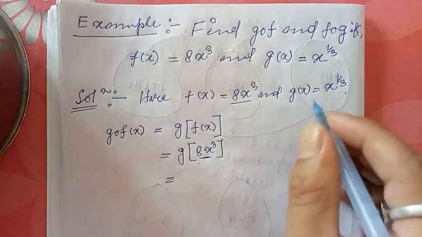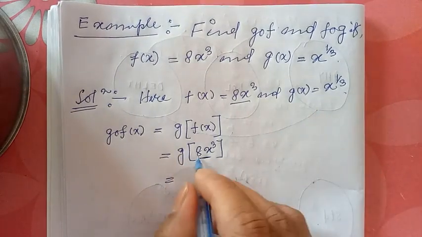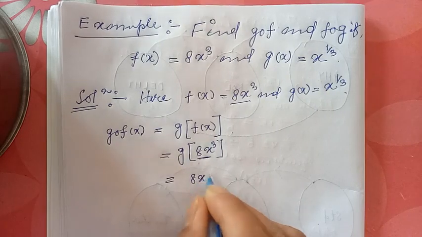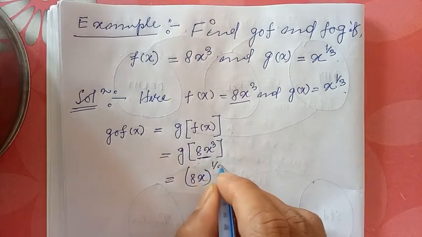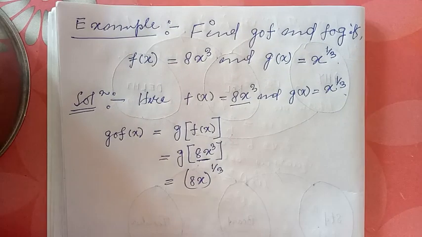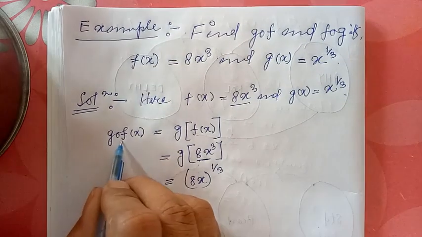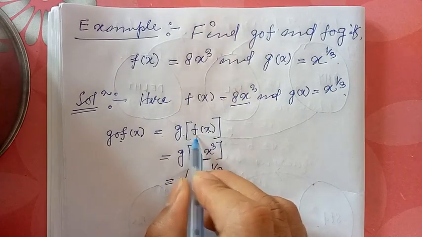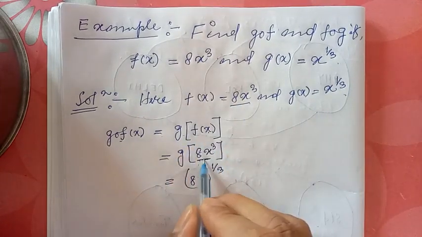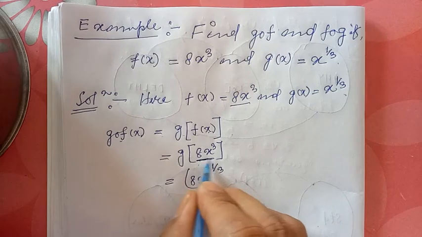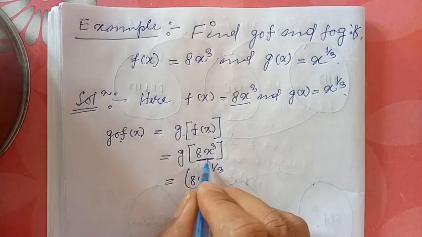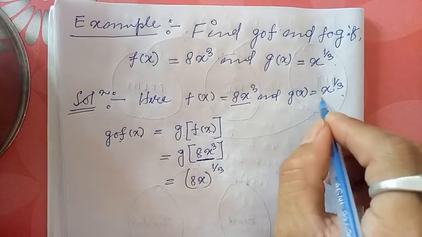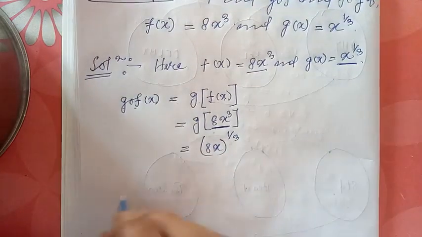Now we put the value of f(x) here. f(x) is this value, 8x^3. Now this whole value goes in place of x in g(x). So g of f is converted like this, and we put the value of f(x) here. Now we put the value of this x in these functions.